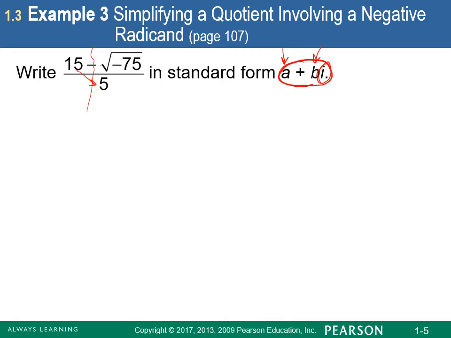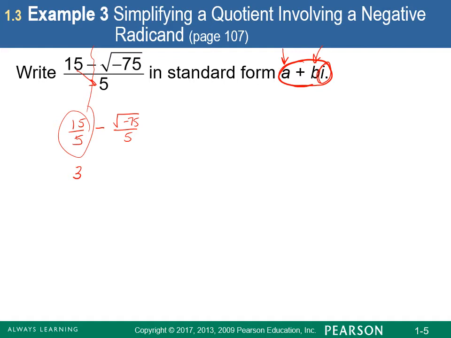We'll have the 15 over 5, and we'll have the square root of a negative 75 over 5. The 15 over 5 is just regular stuff. 15 divided by 5 is 3.